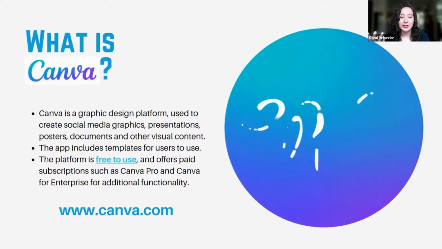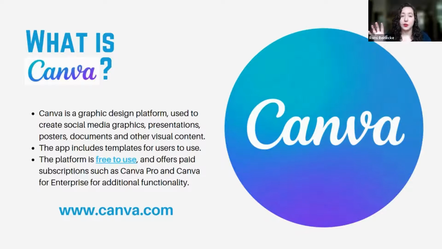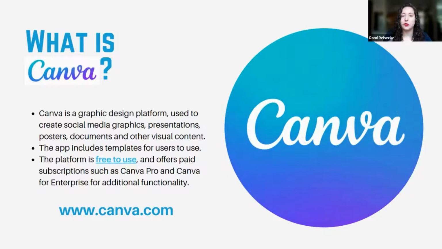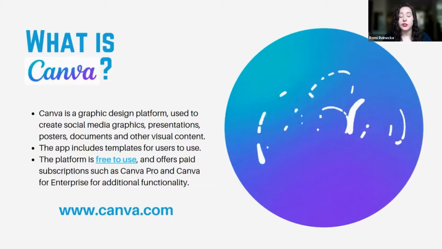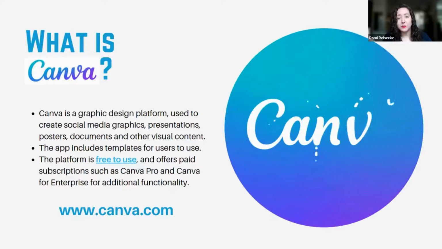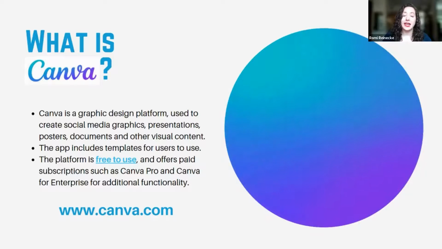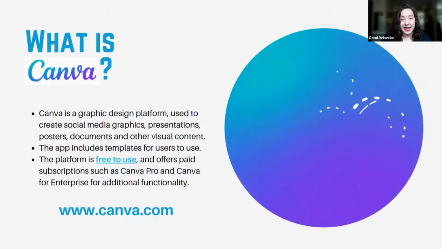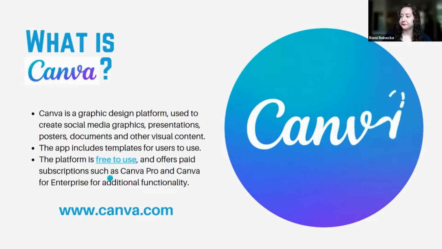Whatever your message is, that can easily be put onto these templates. There are paid subscriptions for increased functionality, which are much more affordable than other professional design products, but that's not something we'll go into today. We are looking at what is free to use right now, today, for any person.